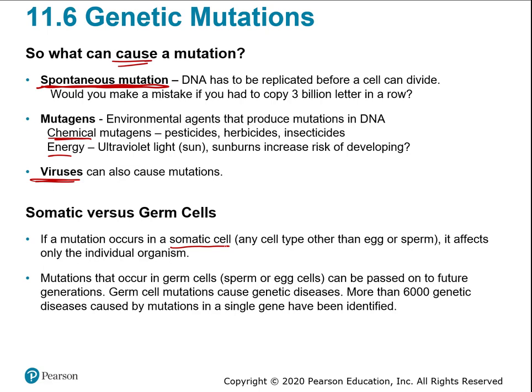If it is a mutation that happens in a germ cell, germ cells are not bacteria. The word germ is referring to your sex cells. So sex cells are egg or sperm. So if you have a mutation in an egg and that egg gets fertilized, then what does that mean for that offspring?